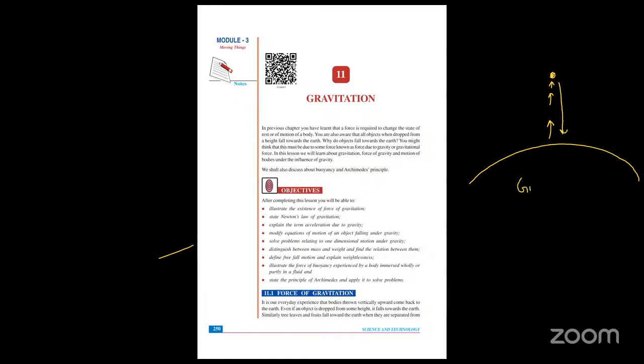Because earth has gravity, and the force it applies on the stone is called the attraction force. The stone is coming towards the earth. This attraction force makes the stone fall back to the earth. Did you understand? So it means that every object has a gravitation force.